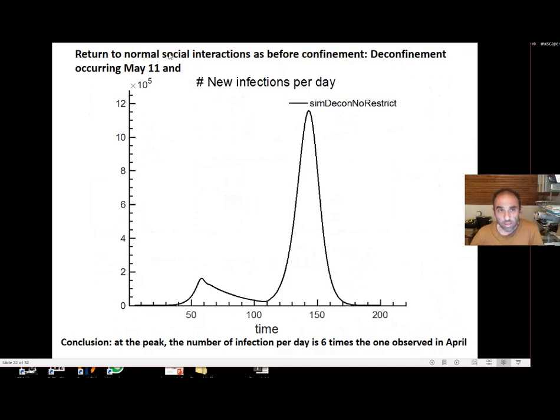Then the next scenario we decided to investigate is what happens if we have deconfinement, but with the same rules during the period of deconfinement as before confinement. You can see the peak that we saw in April, and then shortly after deconfinement you can see the genesis of a huge peak, which is about 6 times the one that we observed in April.